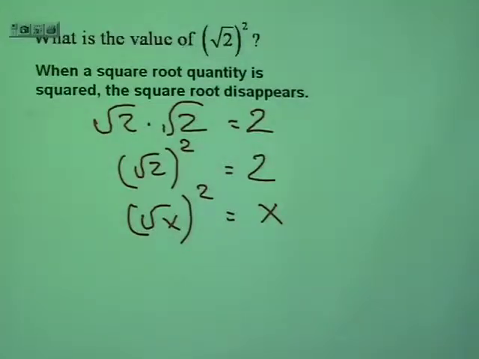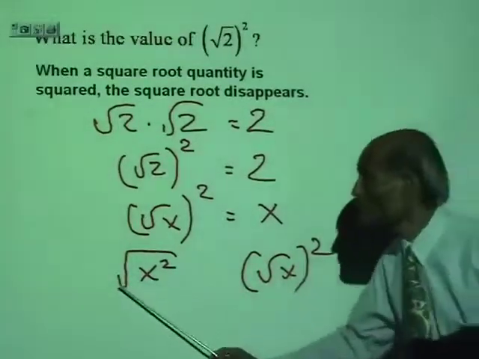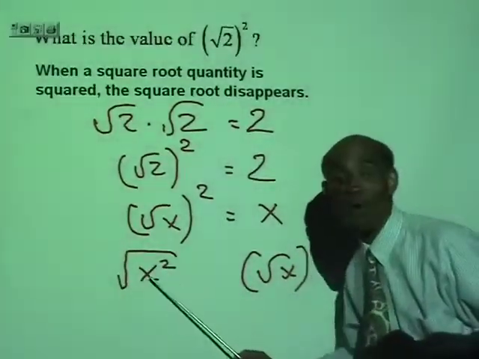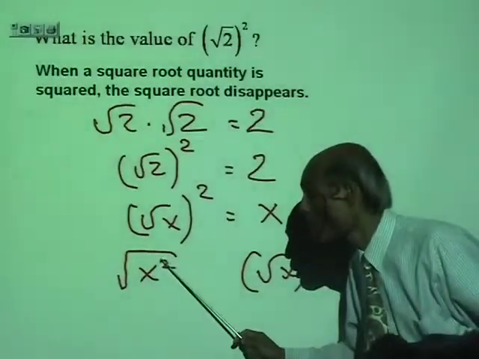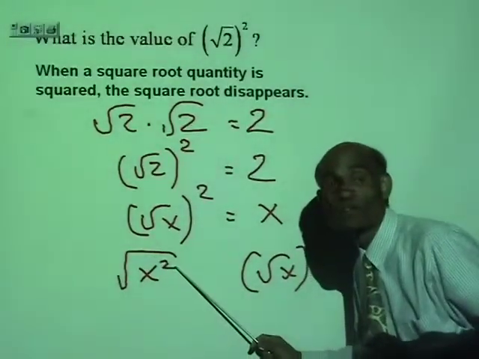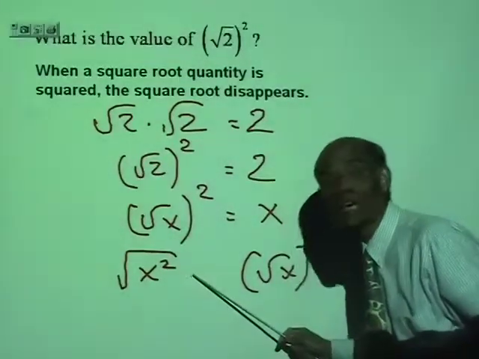Now tell me, is square root of x squared and square root x all squared, are they both the same? What do you think? What is square root of x squared? I told you, you take the square root of a square, they will cancel each other. The result will be x.